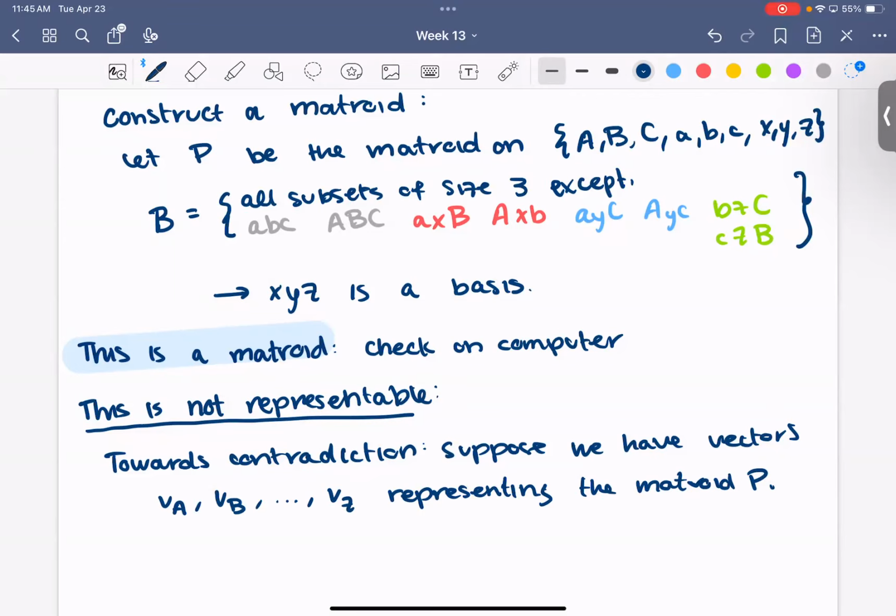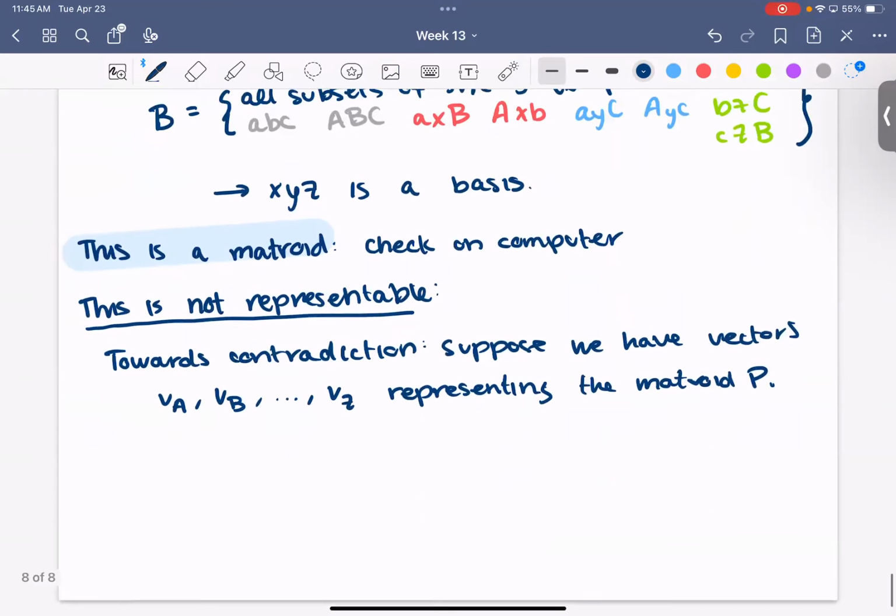Since our bases have size 3, we can picture this whole thing in R3. So I'll draw a picture in R3. Let's say these are my vectors, the V's. I'm going to consider the lines L sub i, which will be the span of each V sub i.